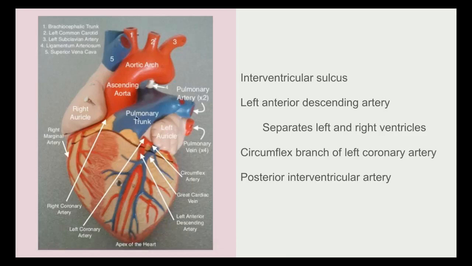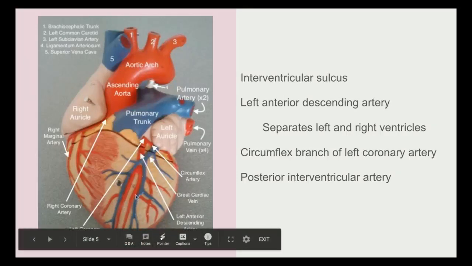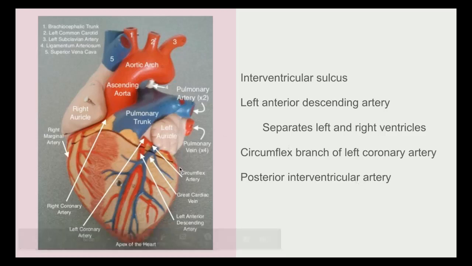A lot of people refer to it as the LAD artery. That's going to be lying right here, this red structure, on the anterior surface of the heart, and it's going to be separating the left and the right ventricles.